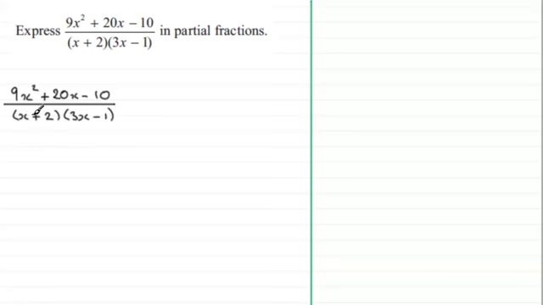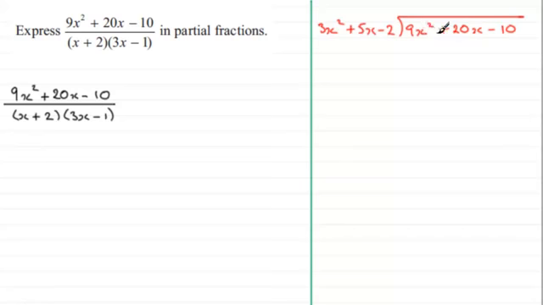Now, if I expand the bottom, I'm going to have 3x squared, and then as far as the x terms go, I've got minus x plus 6x, that's plus 5x, and then the constant is 2 times minus 1, which is minus 2, and I divide this into the top. 9x squared plus 20x minus 10.